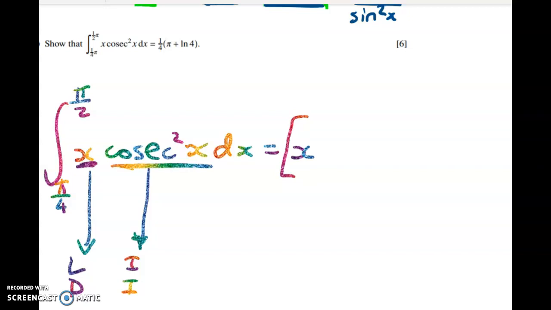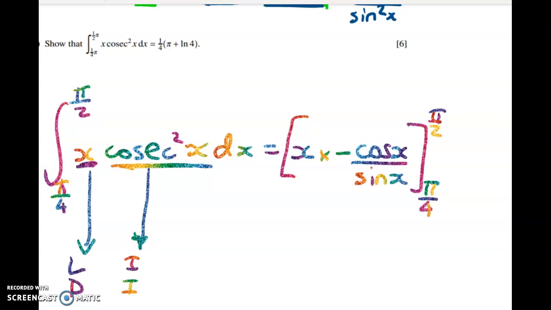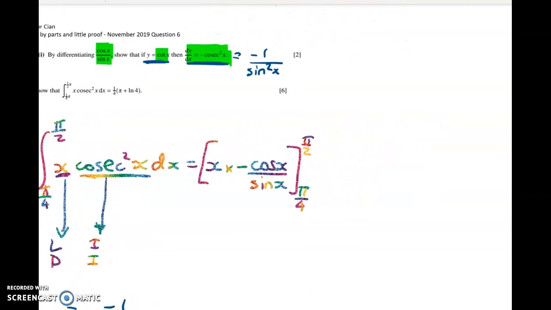So I could write this as negative cot x, but I'm just going to leave it as negative cos x over sine x because I've got some exact values and I'm going to be better off, for my brain anyway, working with pi on 2 and pi on 4 with cosine and sine. I'm sure lots of you will do that with cot x, and that's totally fine.